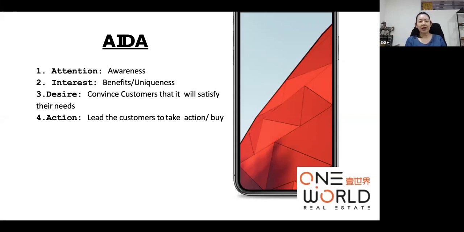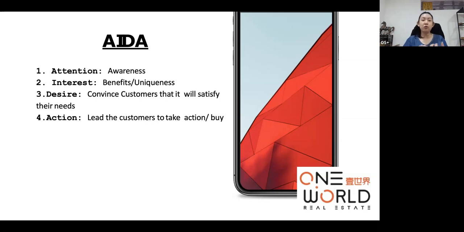All right. So after that, you need to create the desire, convince them and satisfy their need. If today you are someone very busy, with no time to prepare all your information and everything, let me do the job for you. I help you call your assistant, your family member or anybody, and teach them what to do to submit the bank loan, and for you to get a better bank loan interest and everything.